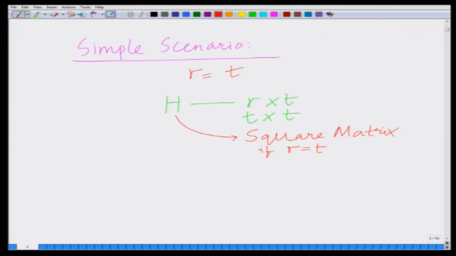Therefore, the number of receive antennas is equal to the number of transmit antennas, then the matrix H, which is r cross t, is essentially a t cross t matrix since r is equal to t. Therefore, it is a square matrix.